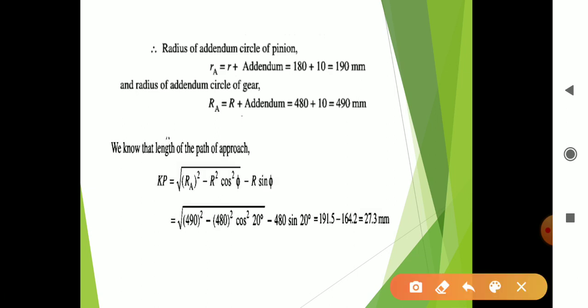So we know that the path of approach, KP, is equal to under root capital RA square minus capital R square into cos square phi, minus capital R into sin phi. We have all those values: capital RA, capital R, and phi. Putting the values: 490 square minus 480 square into cos square of 20, minus 480 into sine of 20.